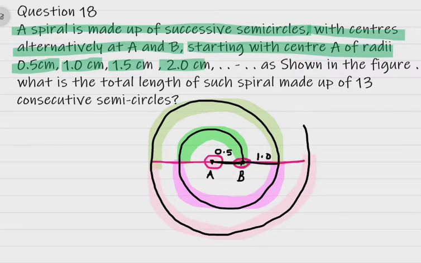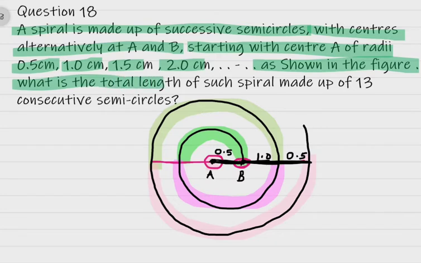Then for the third, again A is the center, so you have radius 1.5 centimeter. Then again, when you go for B, the radius is 2 centimeter. You can see this bigger one. So like this, it is moving as shown in the figure.